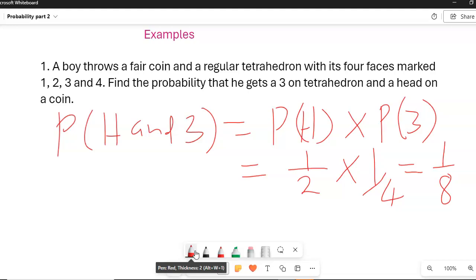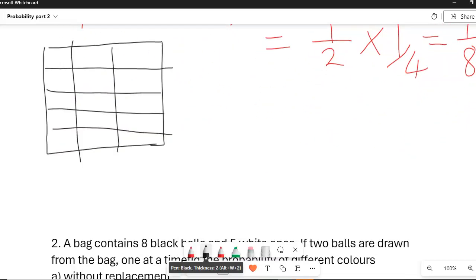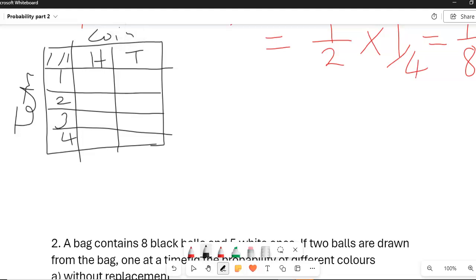Alternatively, in that question we can draw a table to be able to see the outcomes. The coin has the head and the tail, and the tetrahedron has 1, 2, 3, 4. So this is the tetrahedron and this one is the coin. So what are the outcomes?